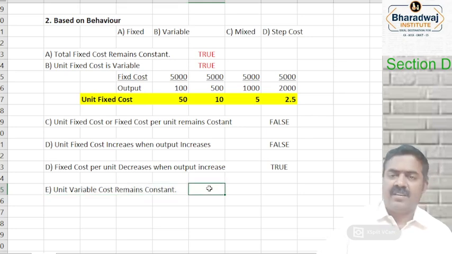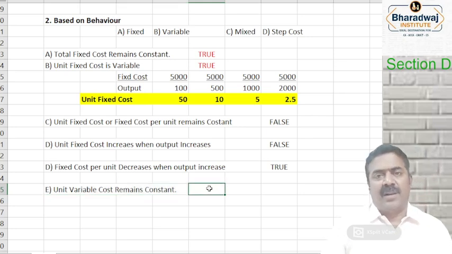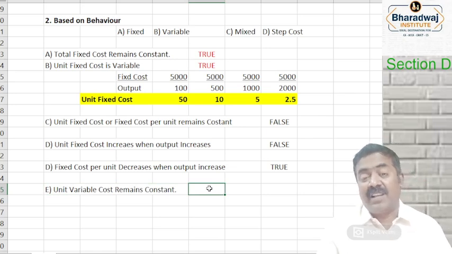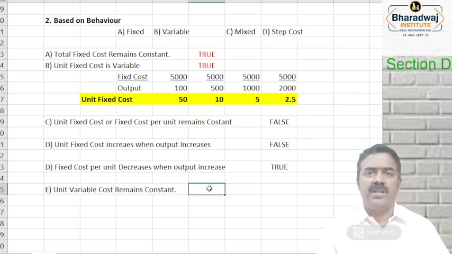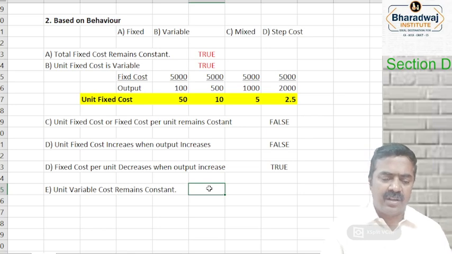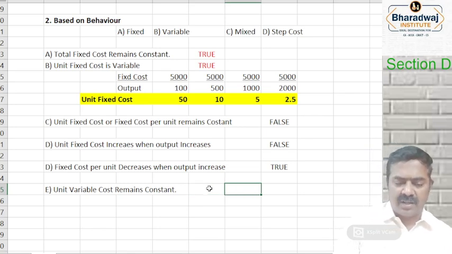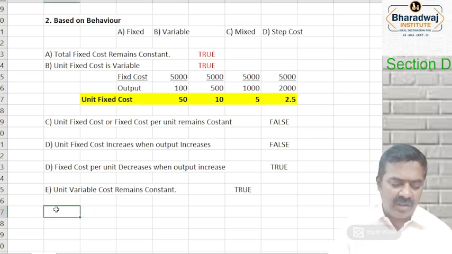For example, electricity that we consume, variable portion. 1 unit 15 rupees, 2 units into 15, 3 units into 15, 4 units into 15. Unit variable cost remains constant, true. Per unit it is the same. Total only will change.